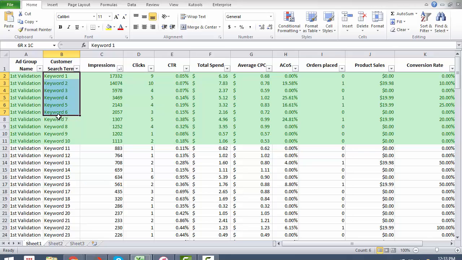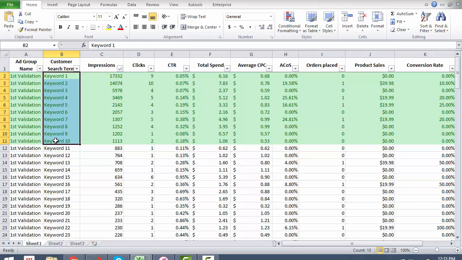So every single one of these keywords is somewhat related or relevant to my actual product listing, which is a good thing, because that tells me that Amazon has scanned my product listing, the title, the backend search terms, and determined that these keywords right here were the most relevant for my product listing. So this tells us that Amazon understands what our product is about and the type of ads and keywords that we want to be shown for when people search.